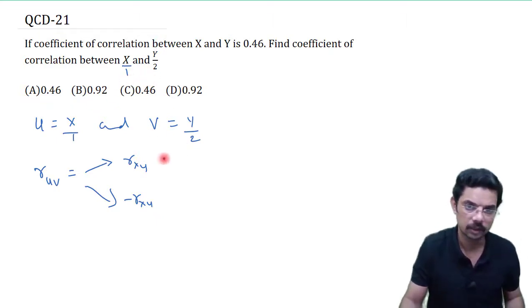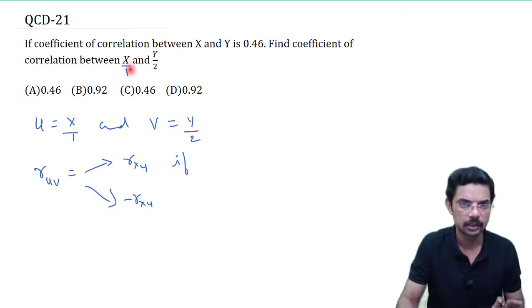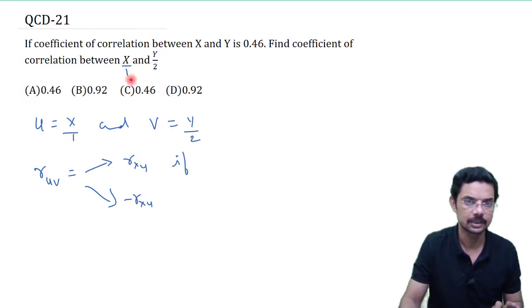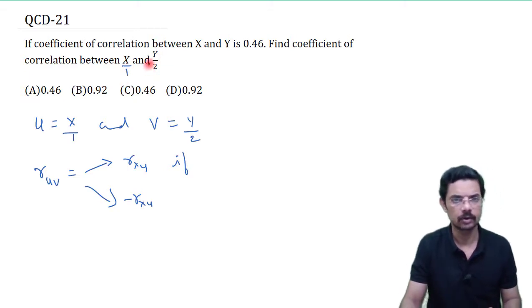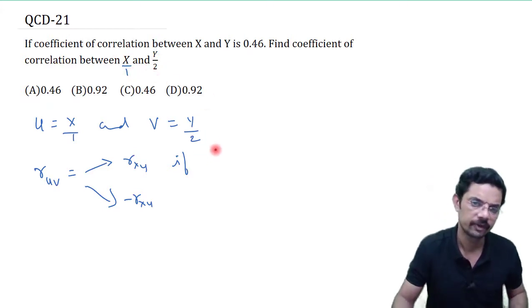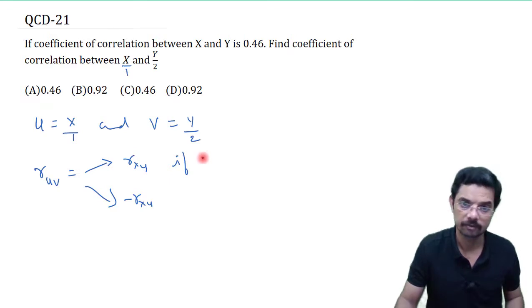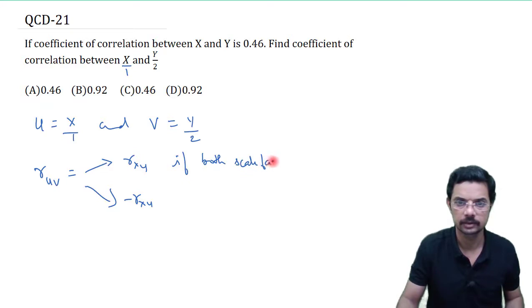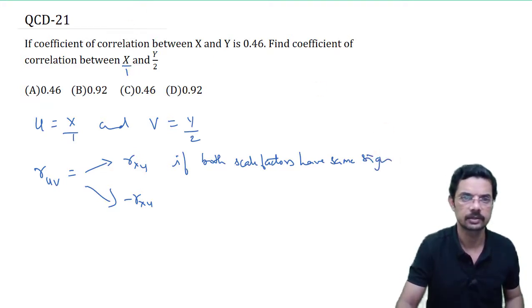It will be equal to r of xy if the signs of both the scale factors are equal. These scale factors here, this is B and this is D. If both scale factors have the same sign, we are interested only in the sign of the scale factors, not in the magnitude.